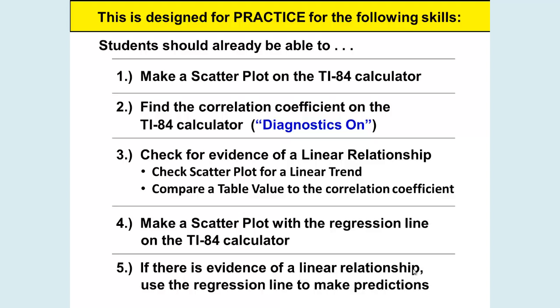You should be able to check for evidence of a linear relationship, check the scatter plot for a linear trend, and compare a table value to the correlation coefficient, make a scatter plot with the regression line on the TI-84 calculator, and if there is evidence of a linear relationship, use the regression line to make predictions. And as always, a TI-83 calculator should be okay, as well as the TI-84.